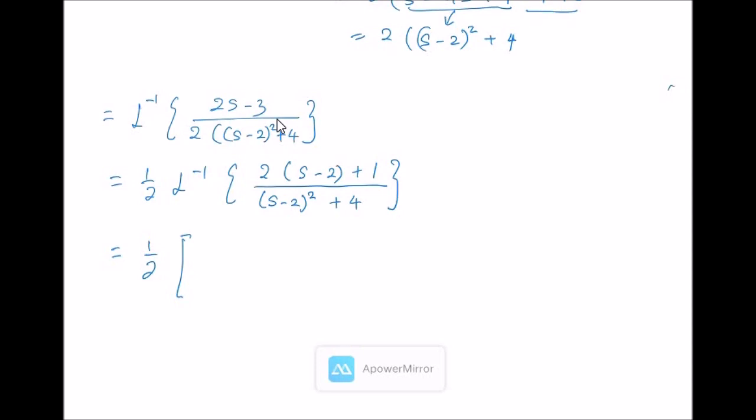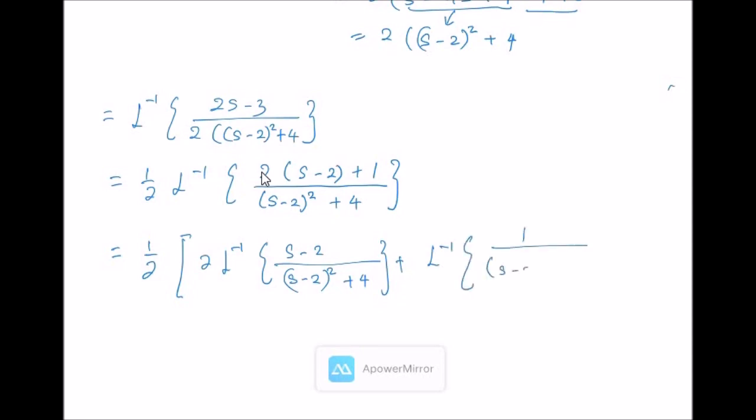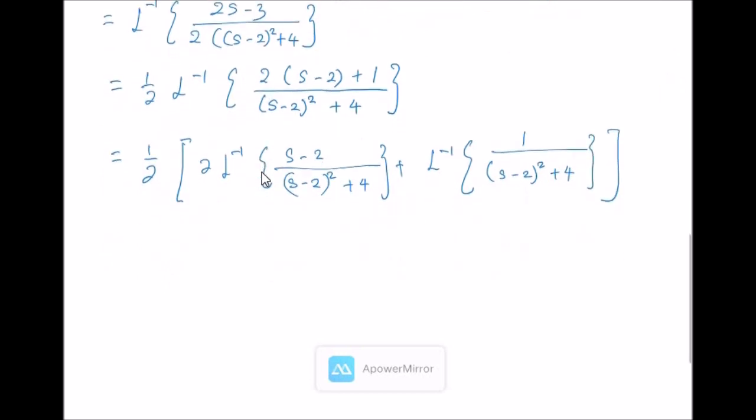So inverse Laplace transform of, I take out the 2 here again, it's a constant, and then s minus 2 divided by s minus 2 squared plus 4, plus inverse Laplace transform of 1 over s minus 2 squared plus 4. Then this will equal to 1 over 2, 2. So this part and this part.